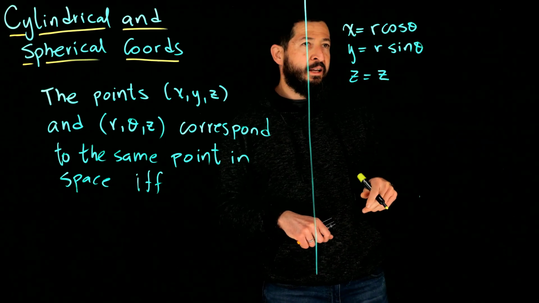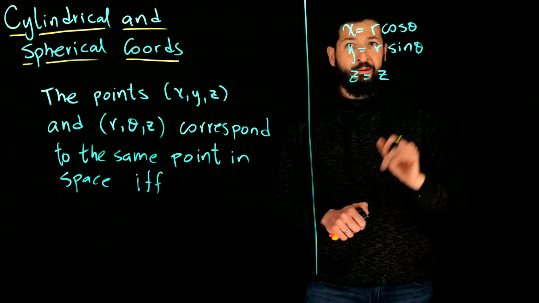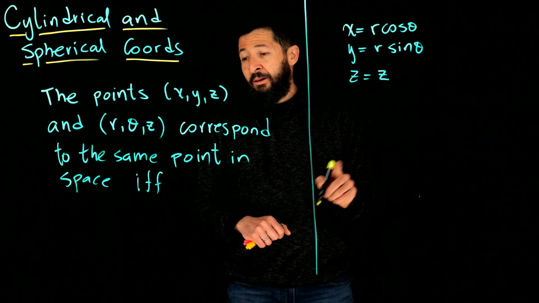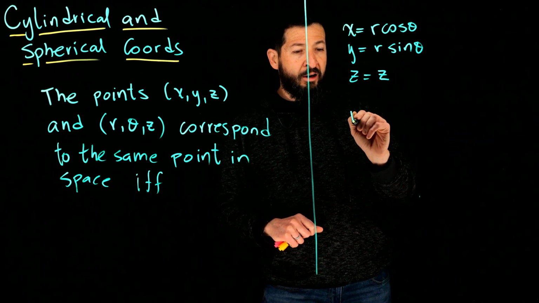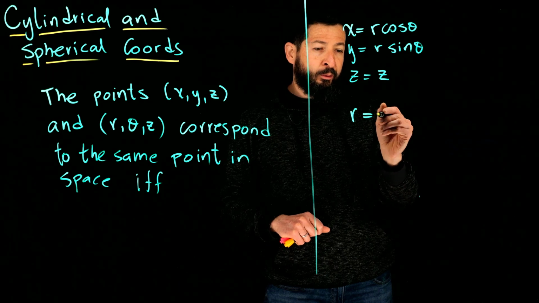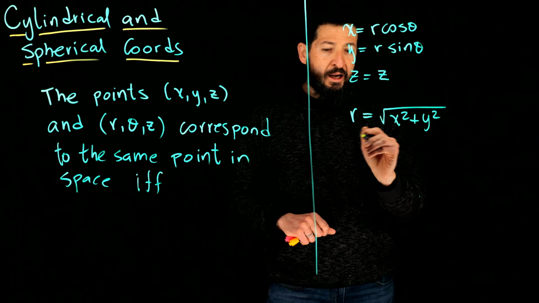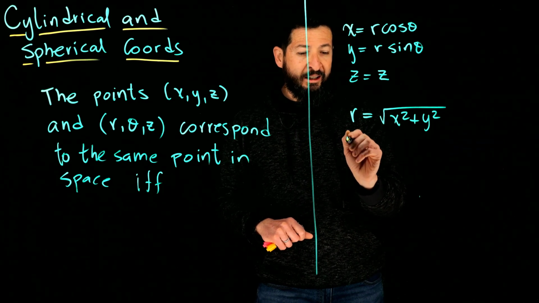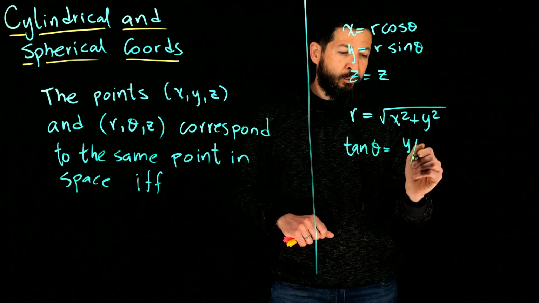On the other hand, if you know the rectangular coordinates and you want the cylindrical, I said spherical, sorry. If you have the rectangular coordinates and you want the cylindrical, what you would do is you write r is going to be the square root of x squared plus y squared. And then theta is going to satisfy the equation that the tangent of theta is going to be y over x.